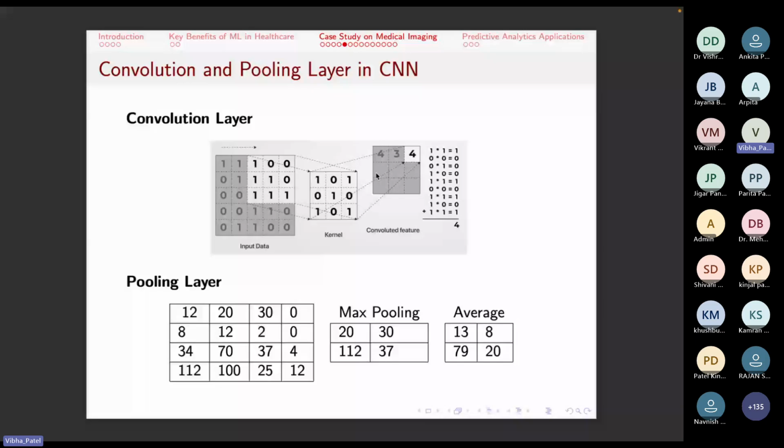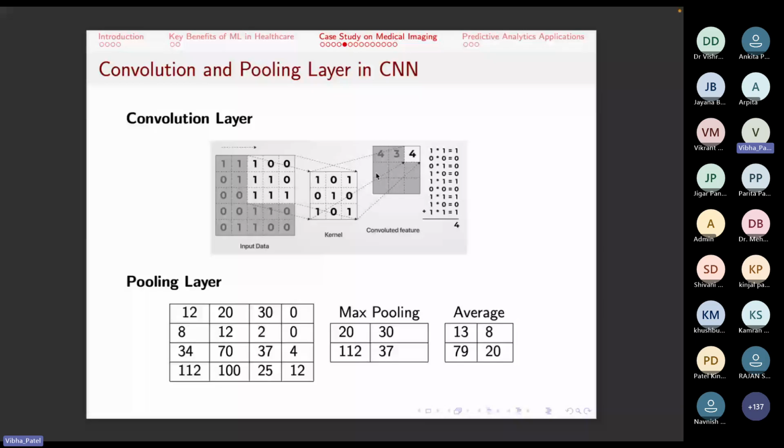Now comes the pooling layer. Again, this is also concerned with reduction of the data, but it's basically confined to spatial feature reduction, which in turn helps us perform dimensionality reduction. It ensures that we preserve the features in such a way that we have translation invariance of the feature.